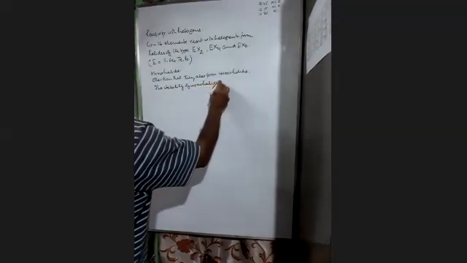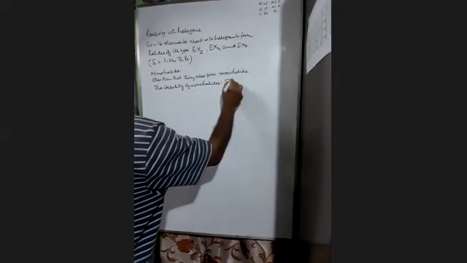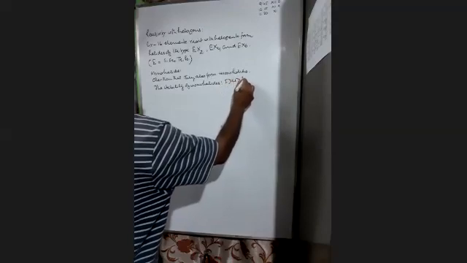This stability of monohalides: fluorine is more stable than chlorine, than bromine, and iodine does not. Okay.